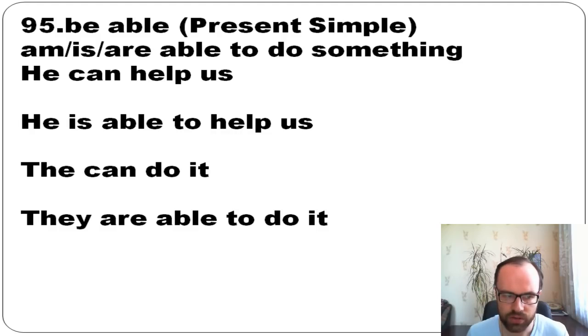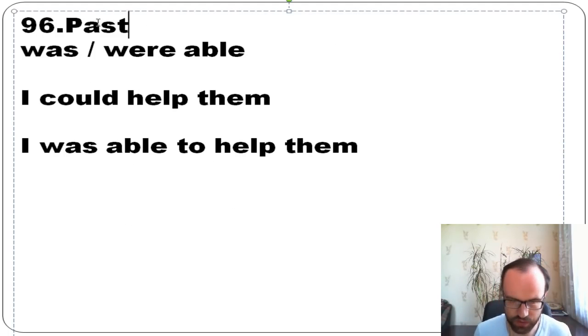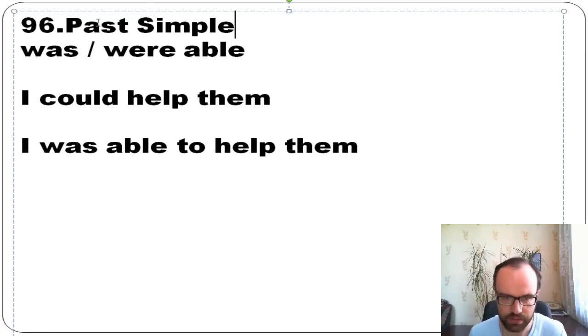Okay, we can also say it in past simple, and you know that we often use this structure in past simple, was or were able. So you can say I could help them, or I was able to help them. So when do we use could do something, and when do we use was able to do something?